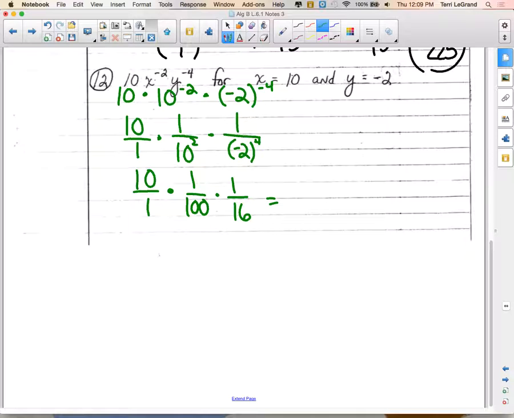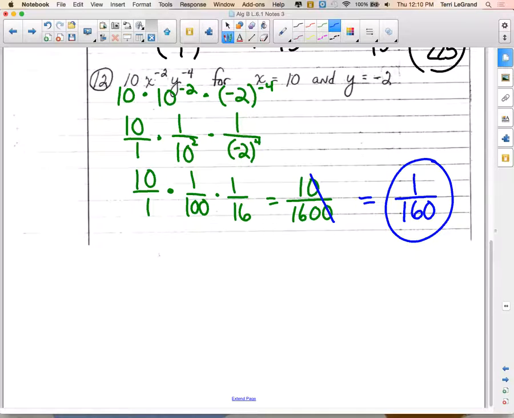Okay? 10 times 1 times 1? 10. 1 times 100 times 16. 1600, right? 1,600. How can we simplify this now easily? Just cross out the zeros. Cross out the 0 out of each of them, and our answer is 1 over 160. Gosh, we've run out of time.